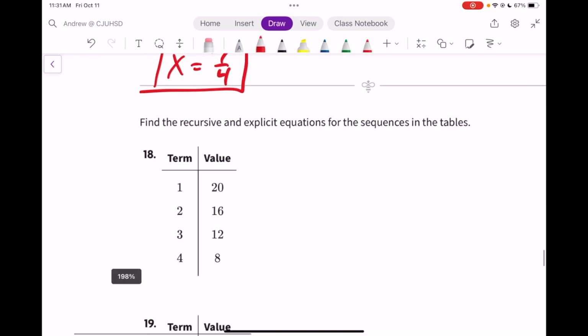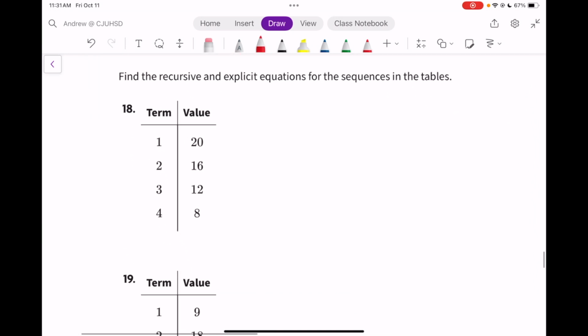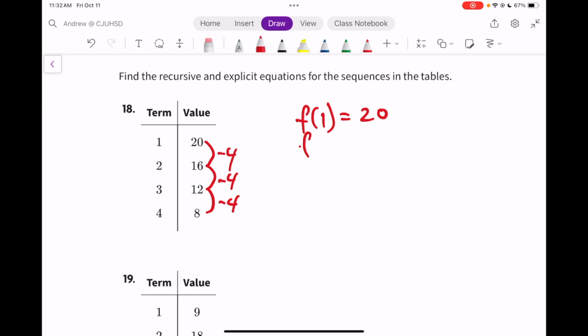Lastly, we're going to review finding recursive and explicit equations. On number 18, we're going down by 4 every time. That's the common difference. So recursively, we'd say we start f of 1 at 20, and to get the next term, you take the previous term and subtract 4.